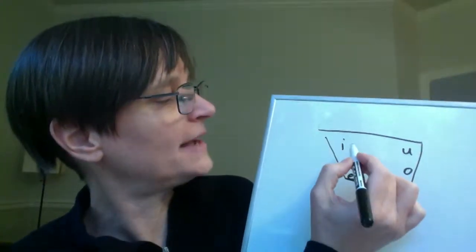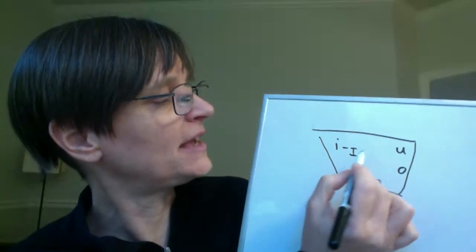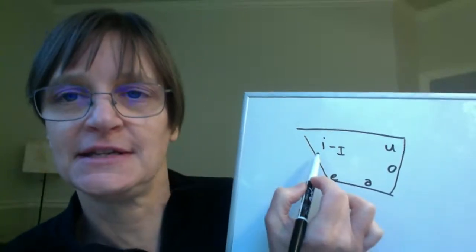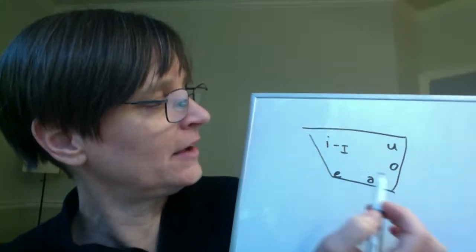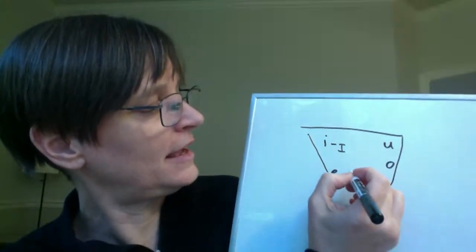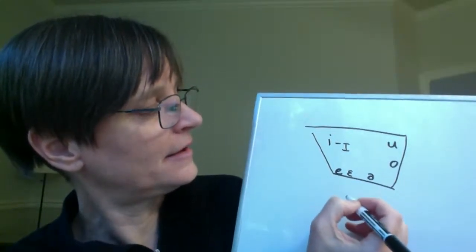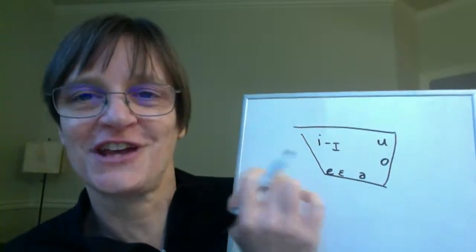So by tense and lax, we mean in English we have a tense and a lax. We have an E and an I, and we have an A and an E. And in Spanish, they just have the tense version. Yes.